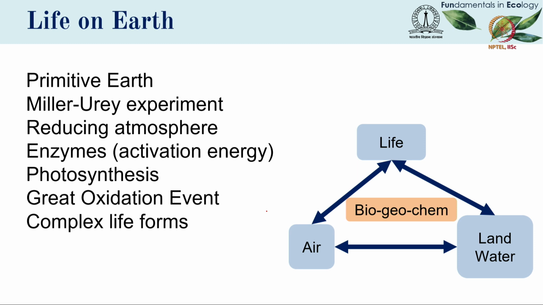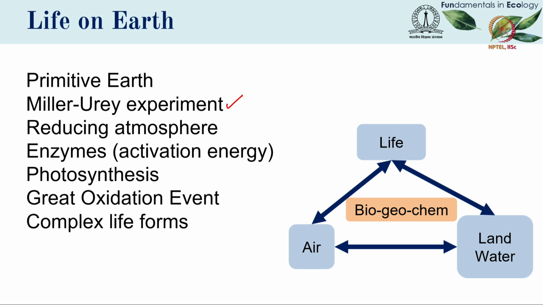One way to understand the chemical processes of the Earth in its deep history is something you are probably already familiar with. This is called the Miller-Urey experiment, where two scientists simulated primitive Earth conditions which consisted of a very different composition of the atmosphere.